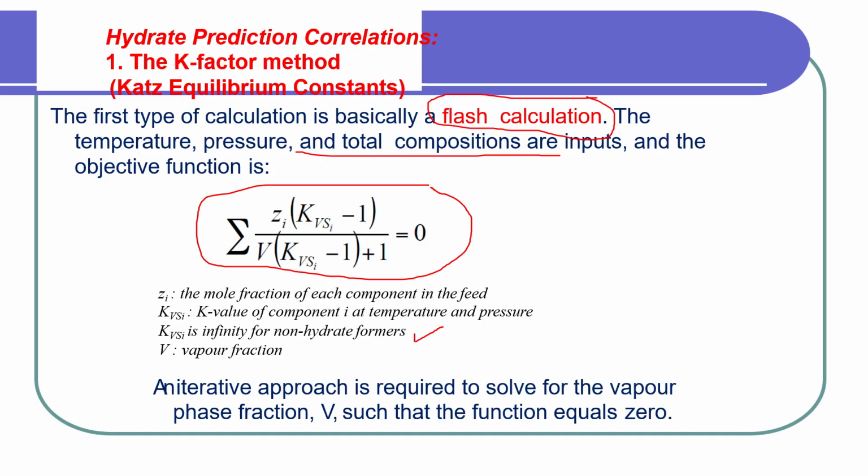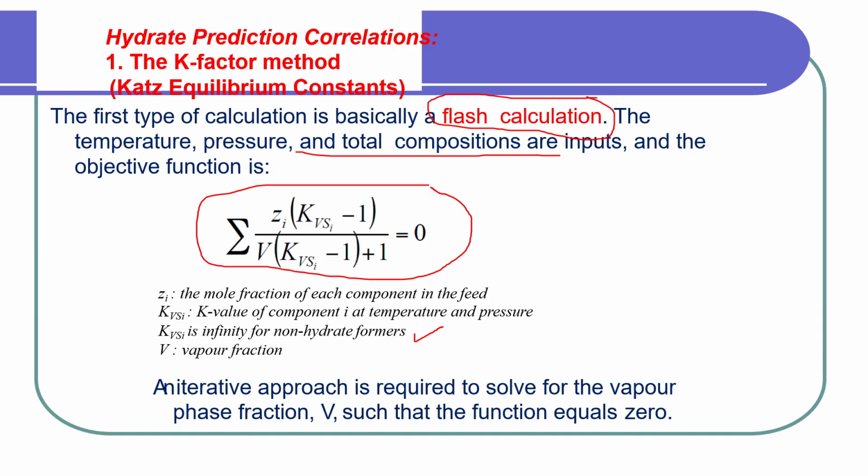And as a result, you need to do iteration. So an iteration approach is required in this case to solve for the vapor fraction, for example, to calculate how much is the V value, or what we called before the fraction of the hydrocarbon in the gaseous phase.